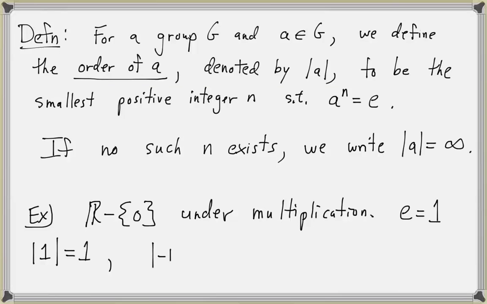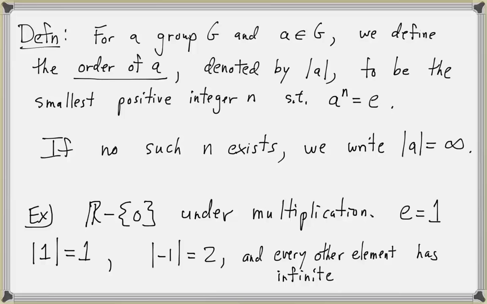The order of the real number -1 is 2, because -1 squared is equal to 1. But every other element of the non-zero reals has infinite order, because if you take any other non-zero real number and multiply it times itself, it will never equal 1.